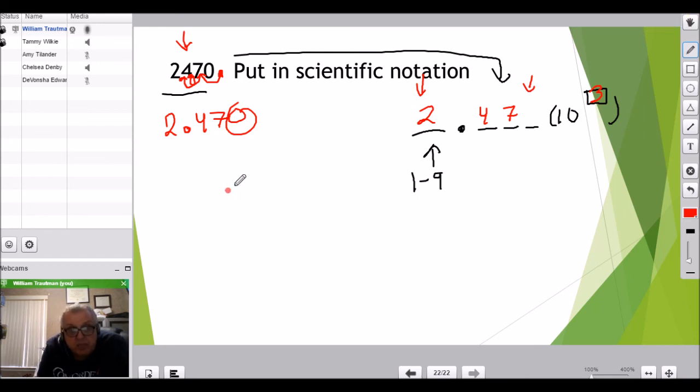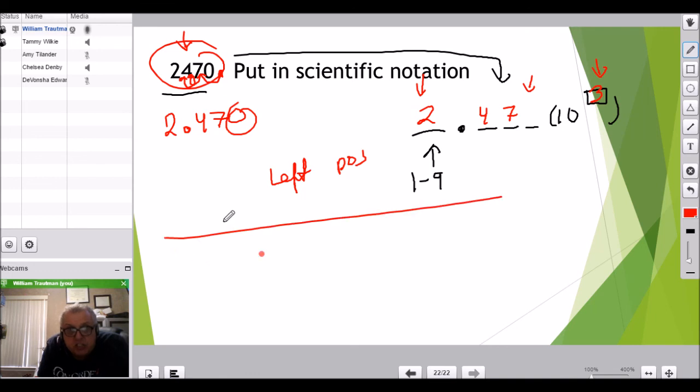Now, Devonshea, if you move the decimal, from the original problem, we moved it to the left. That means you put a positive number up here. You're thinking of this, and you're really close. If I had this number, 2470, and I have to change it to scientific notation, I'm moving the decimal to the right 2 spots. 2.47.